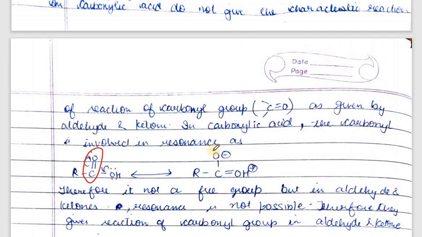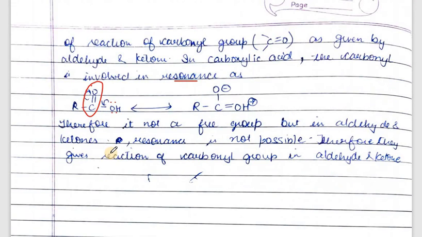So there is resonance, due to which the carbonyl group is not free. It is involved in resonance. Therefore, it does not give the usual reactions of the carbonyl group.